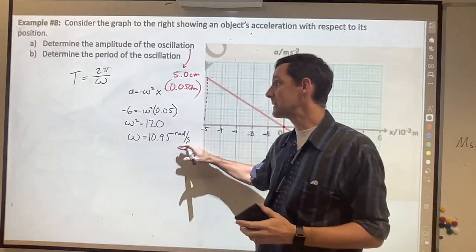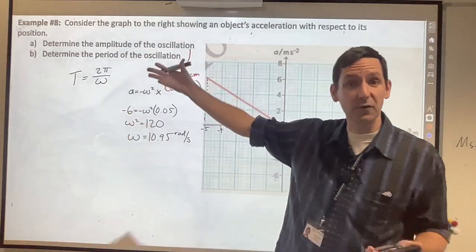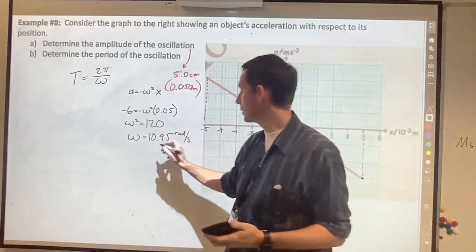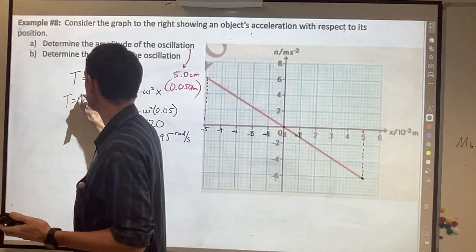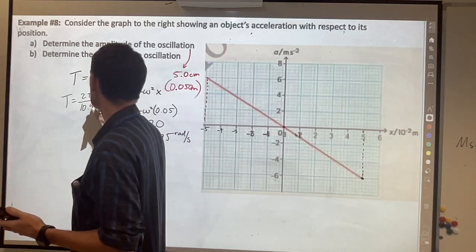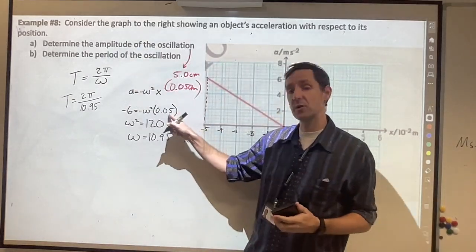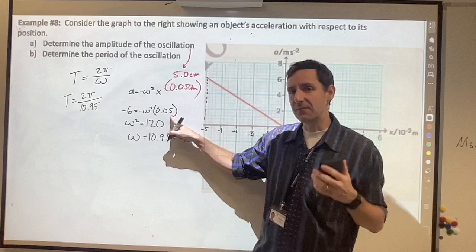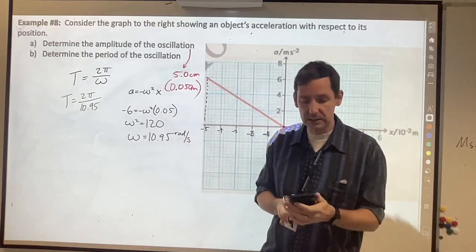All right, now I can take that and I can put it into the other equation and I can solve for T. And so now the 10.95 goes right there, and I'll just say period equals 2 pi over 10.95. So it is important that you're using the correct units here. I made sure that I put it in meters. If I put it in meters, then I'm using SI, and so I know my units are radians per second.